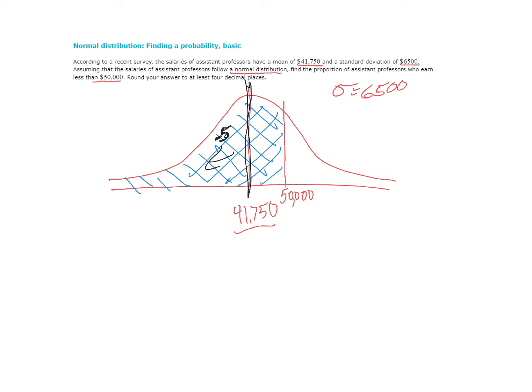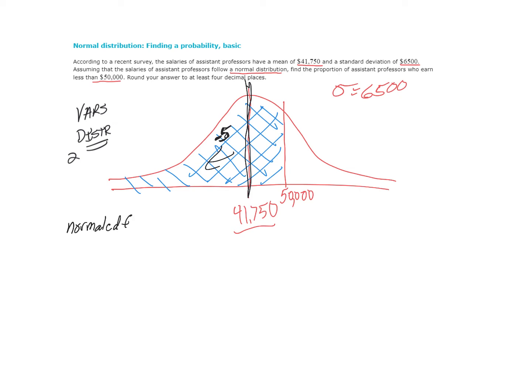Now, your calculator does this, but I would suggest you learn how to do this on your TI. You have a VARS button, and above that is the distribution button. If you hit second VARS, you'll access the distribution menu. Then go down to number 2, at least on mine, normal CDF.